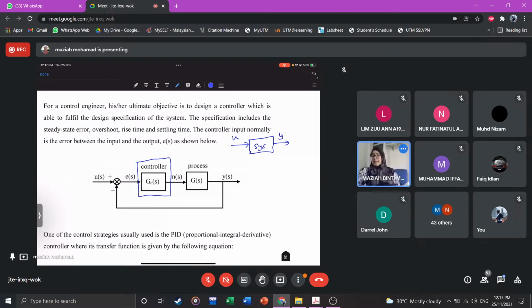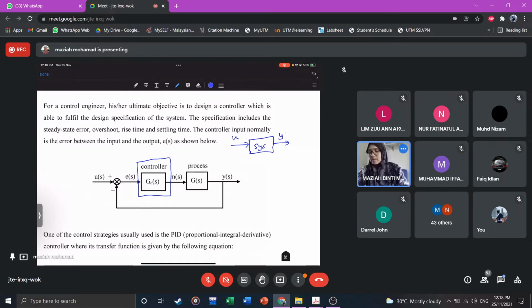And yet it successfully improves the system, sometimes better than other complex controllers. Some systems may produce better results with a complex controller, but most of the time the PID controller is sufficient.